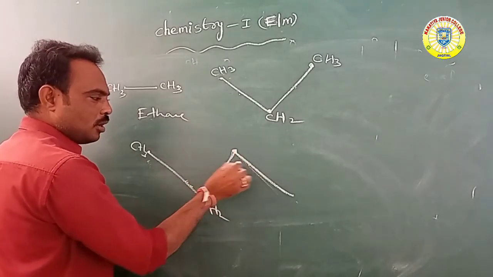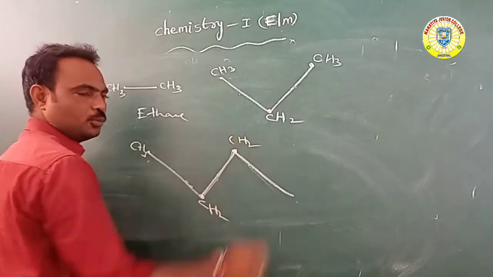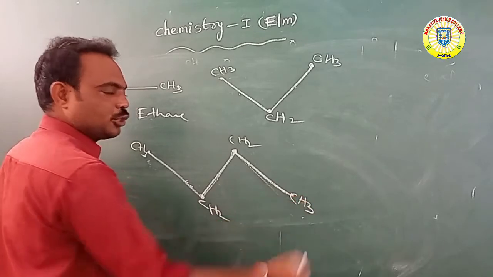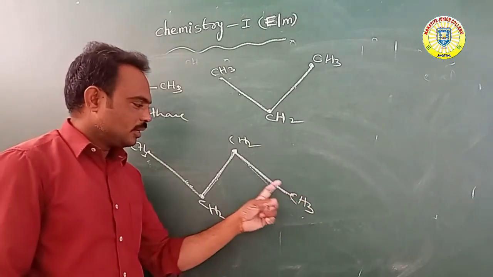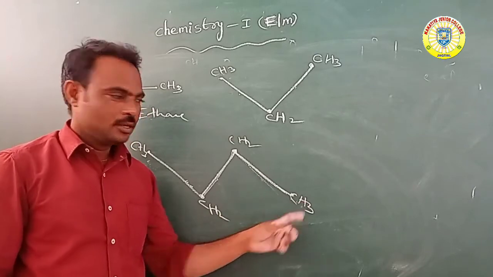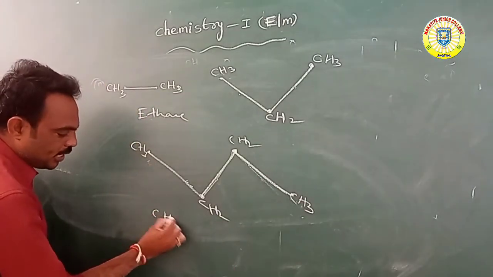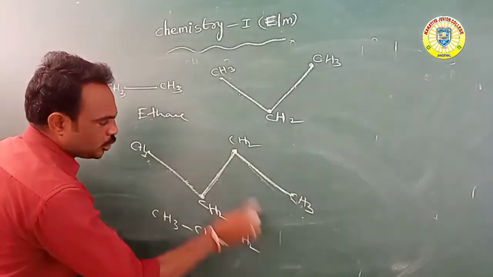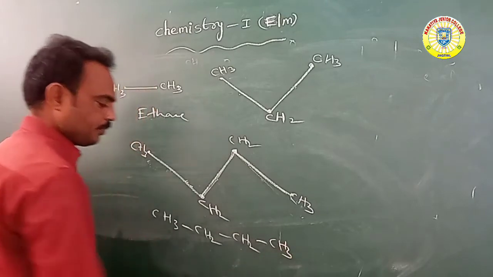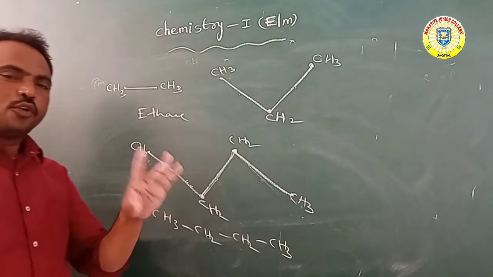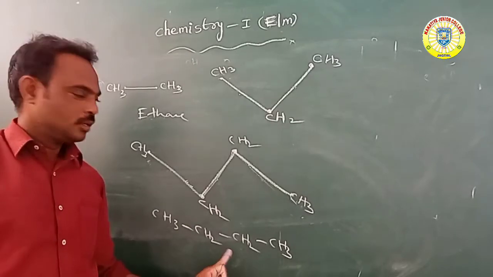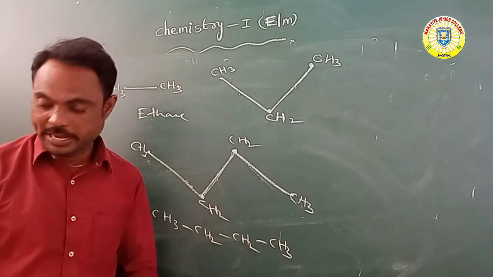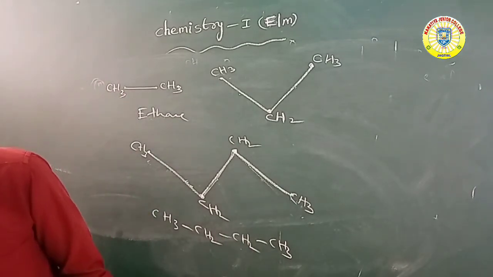This carbon also has 2 bonds, so CH2. And this last carbon has only a single bond, remaining H3, so CH3. So CH3, CH2, CH2, CH3. How many carbons? 4 carbons, all single bonds. So we write butane.